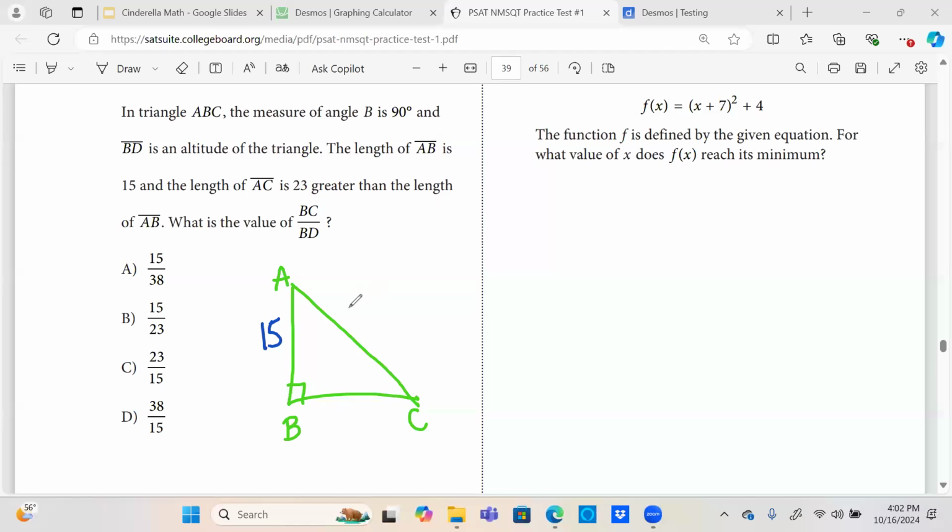So 15 plus 23 is 38. And then it says BD is an altitude. Well, if you start at any vertex, I guess we could do this actually. Start at B, go to D. That could be. What is the value of BC over BD?